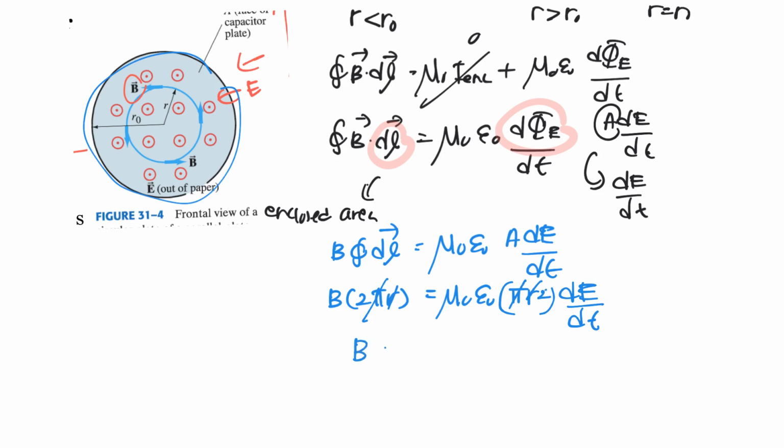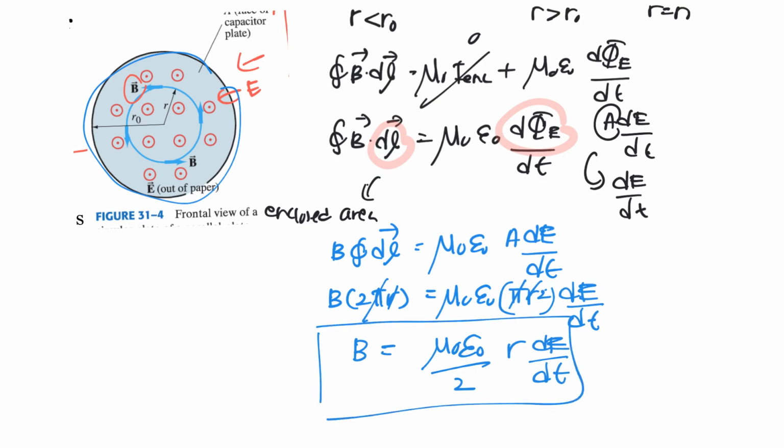So you are going to get your magnetic field induced as mu naught epsilon naught r over 2 dE over dt. That is going to be our formula for R less than R naught.